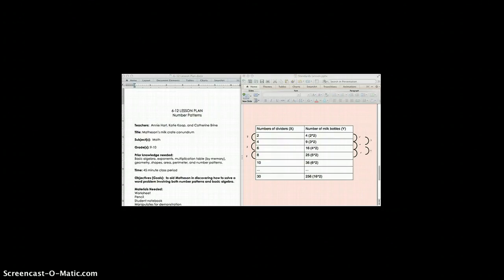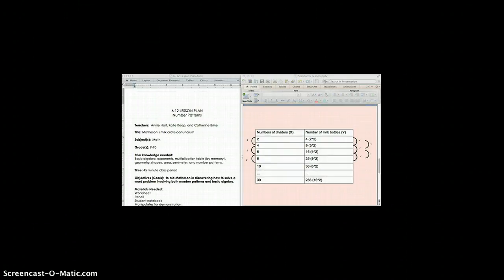On the right-hand side, we can see that the number of milk bottles that will fit in the crate is a steady increase of a perfect square. So in a crate with 2 dividers, you get 4 milk bottles, which is 2 squared. And in a crate with 4 dividers, you have 9 bottles, which is 3 squared. This pattern is continuous.